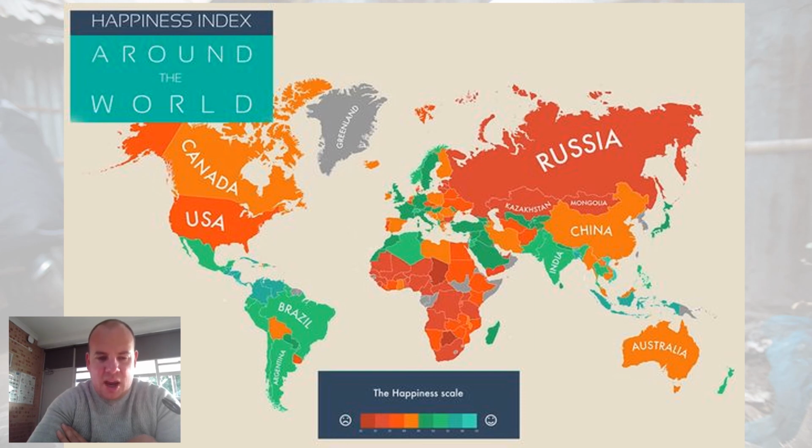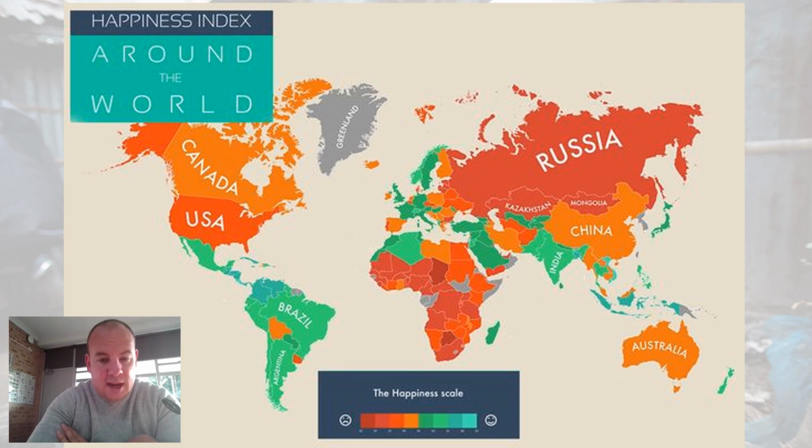And as you can see, we've got a lot of happiness in South America. If we looked at the previous slide and the cartogram map which showed GNI, South America is in the middle. There's a little bit of poverty, a little bit of wealth in there as well. Whereas when we look at happiness, it's a completely different story.